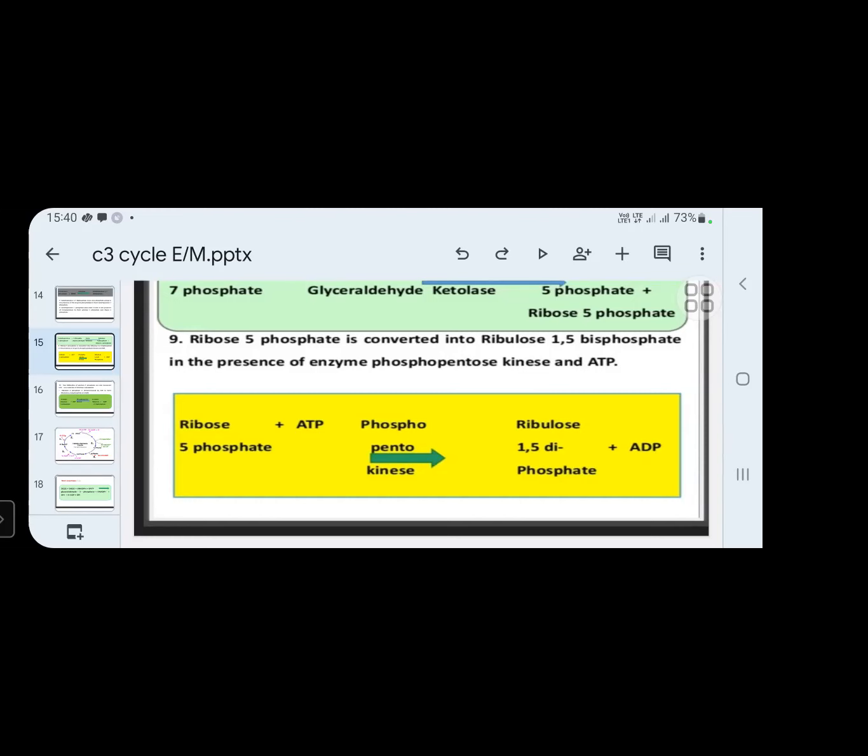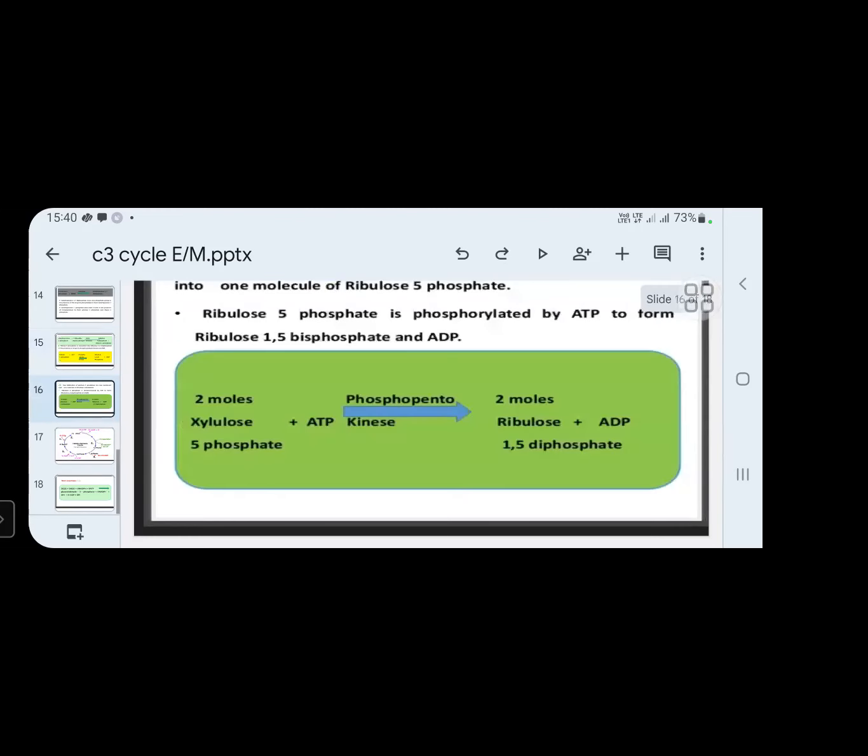So this is the final reaction of RuBP regeneration. Finally, ribulose 5-phosphate is converted to ribulose 1,5 bisphosphate through the action of ribulose phosphate kinase, phosphopentokinase, and ATP is also utilized in this final reaction.